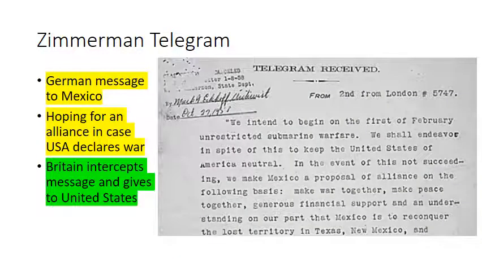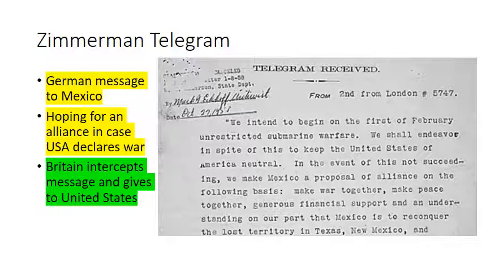Then we have the Zimmermann telegram. This was a German message to Mexico. They were hoping to get Mexico to join a secret alliance with them in case the United States declared war on Germany.